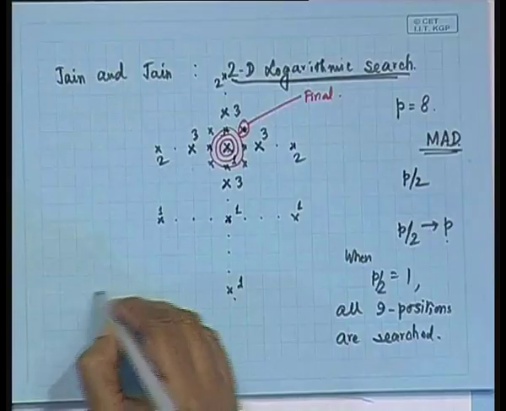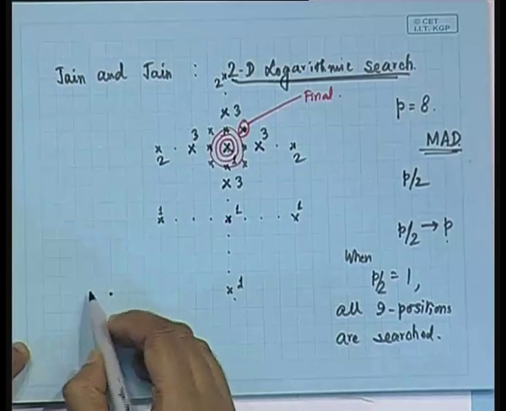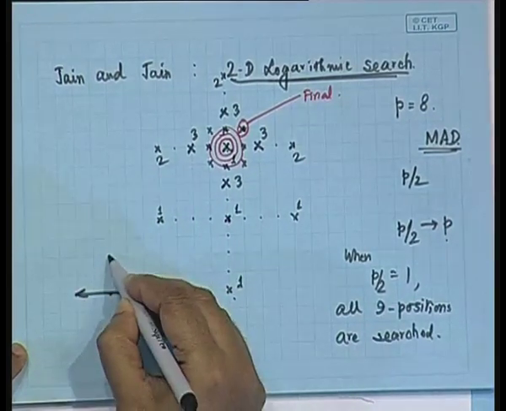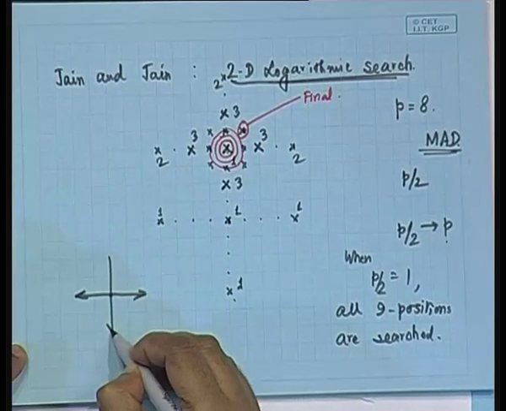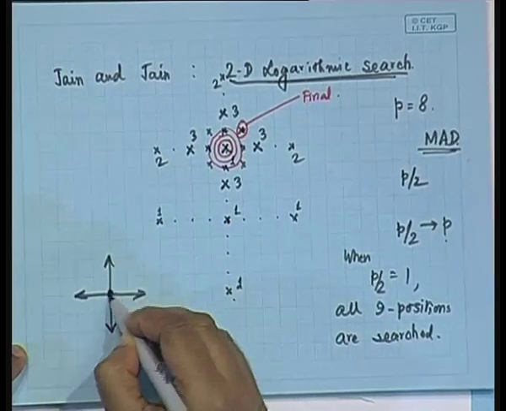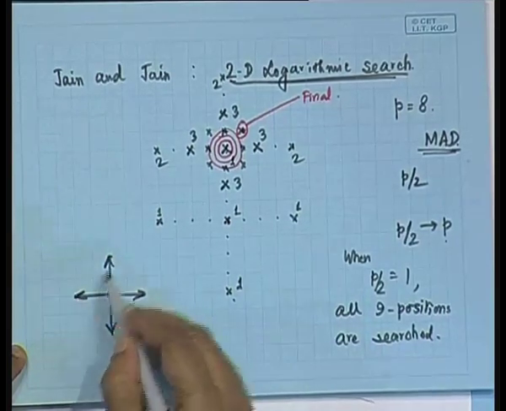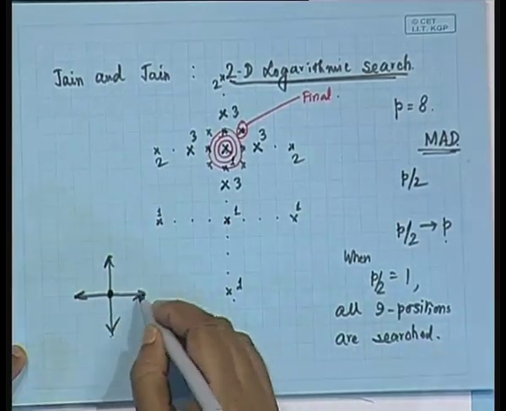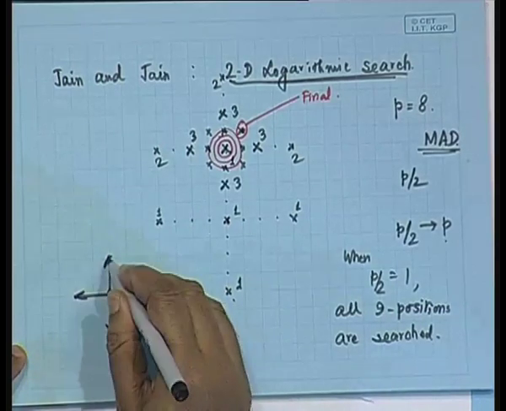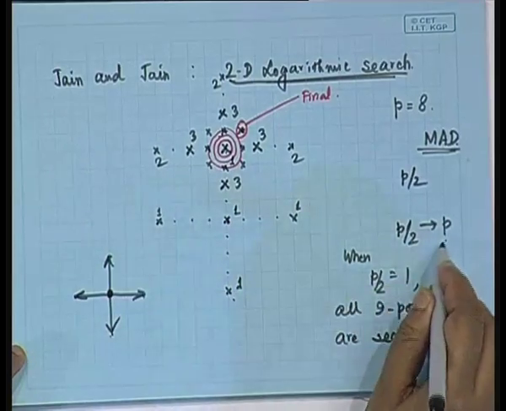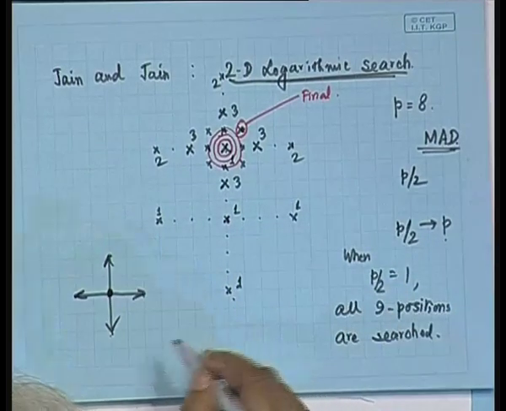Now, look at the beauty of this logarithmic search technique. If this is the center of the search, then we search at the ends of a plus sign, where the length of the plus sign will be decided by what value of p we have.